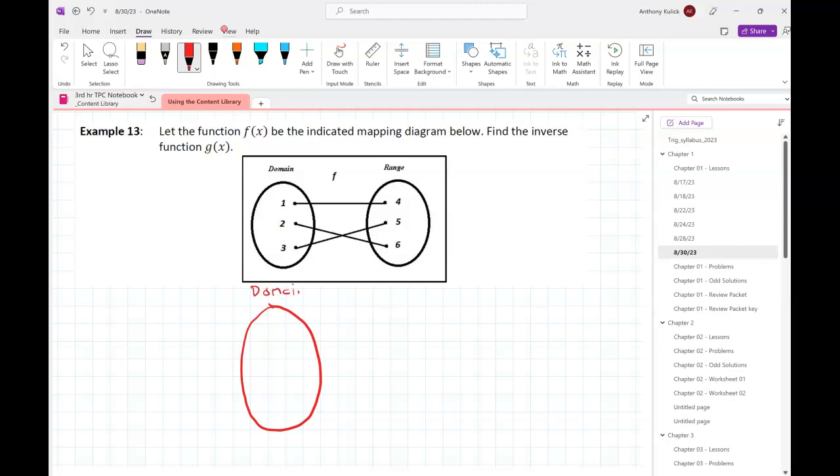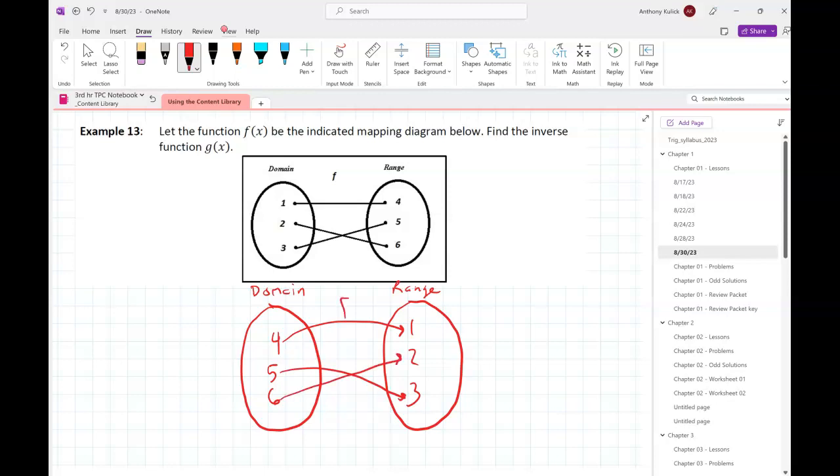What value should be in my domain? Great. And what value should be in my range? 1, 2, 3. And what should 4 go to? Back to 1. And 5 should go to 3. And 6 should go to 2. And we'll call that guy f inverse. Done.